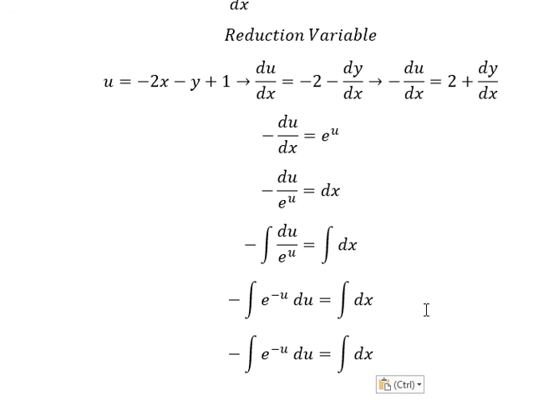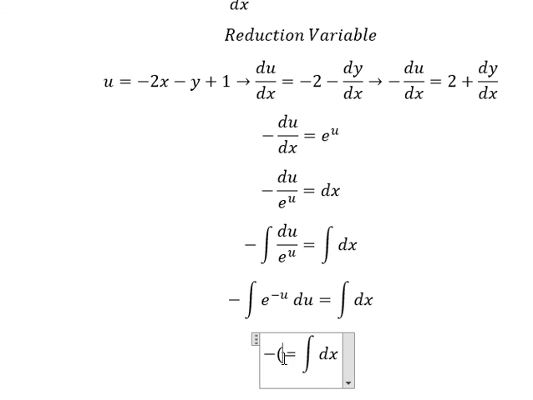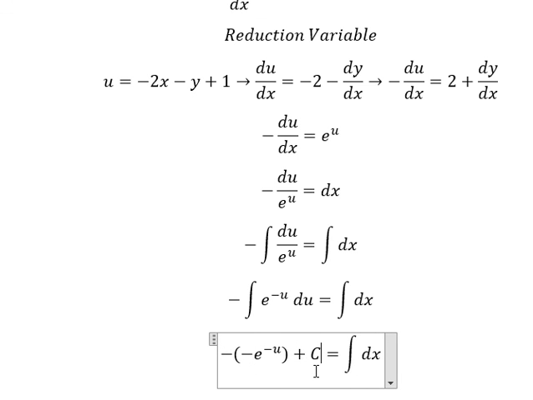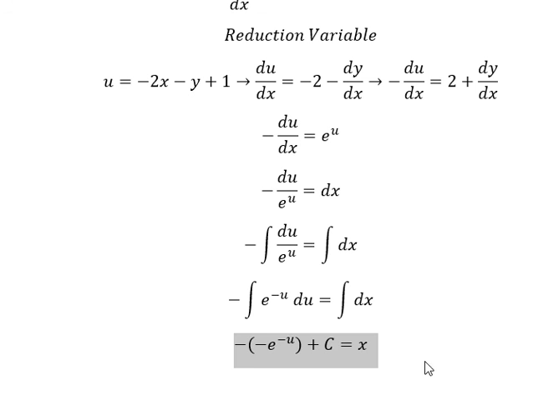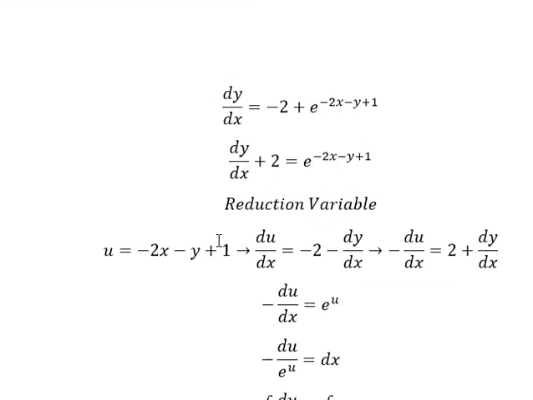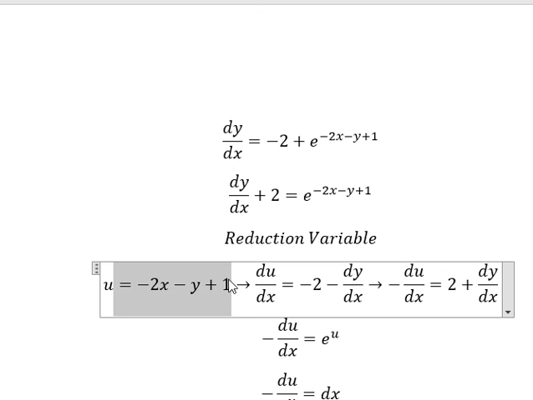The integration of this one, we have negative e to the power of negative u. And then we put c. This one we have s. Negative, negative, we simplify. About u, that is this one.